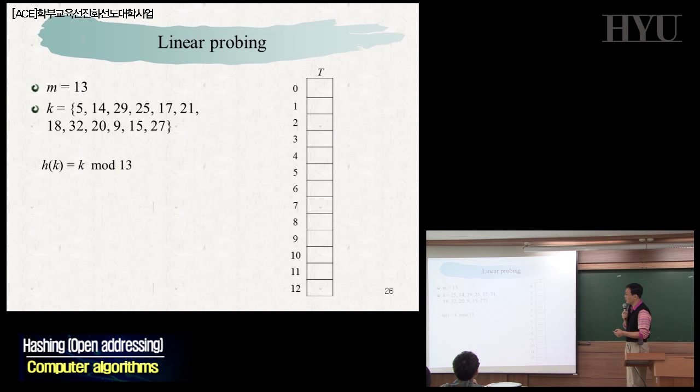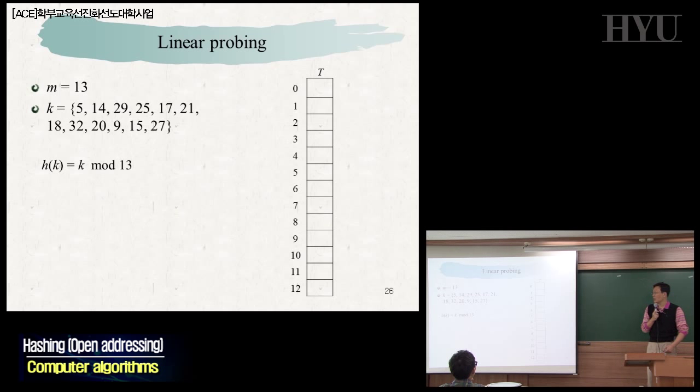So M is 13. And we use the division method to store the key. And in this example, keys are inserted in this order.